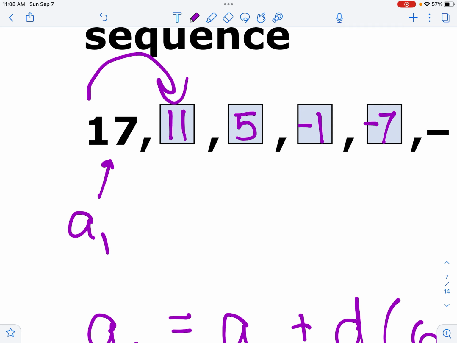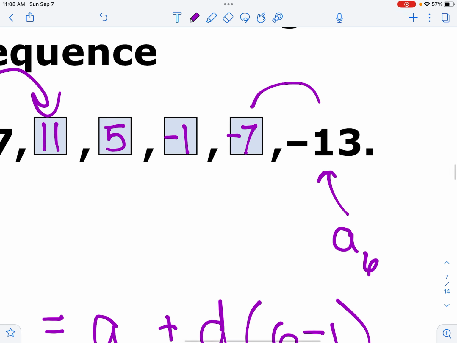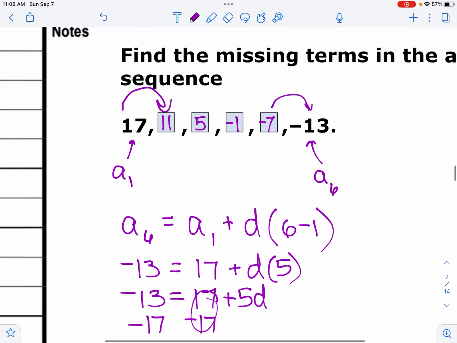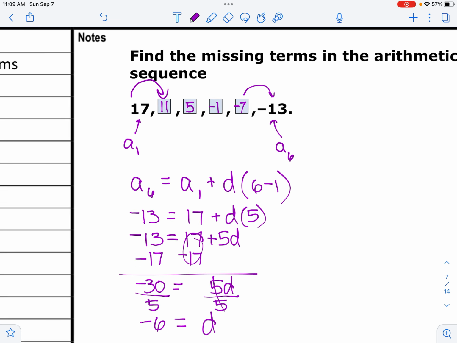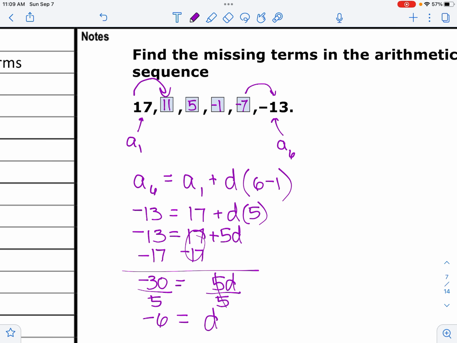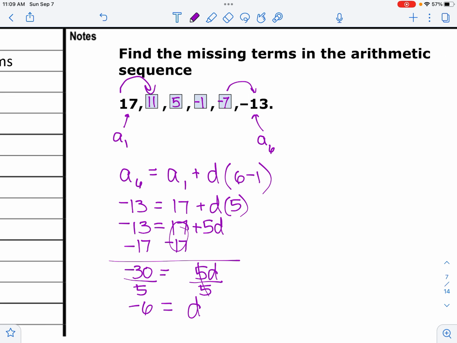Negative 7. Now, if I did it right, if I subtract 6 from negative 7, I should get negative 13. I do. So I know that I did this right. But that's how you do a problem like this, is solve for your common difference here. You have all the other information. Now, there are other ways to go about this too, but using the formula is one way you can do that. Okay.